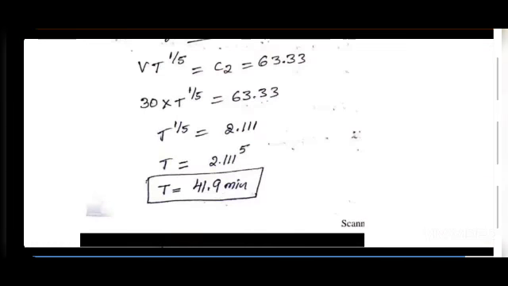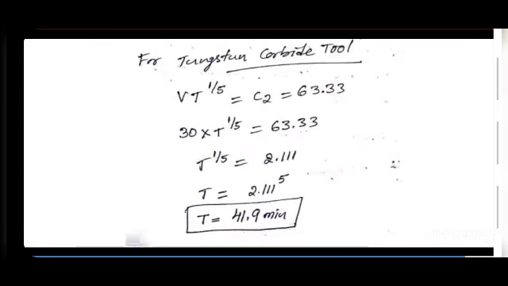V t to the power of 1 by 5 is equal to C2, so 30 into T to the power of 1 by 5 is equal to 63.33. T to the power of 1 by 5 is equal to 63.33 divided by 30, which gives 2.111. So T is equal to 2.111 to the power of 5, which is 41.9, or 42.